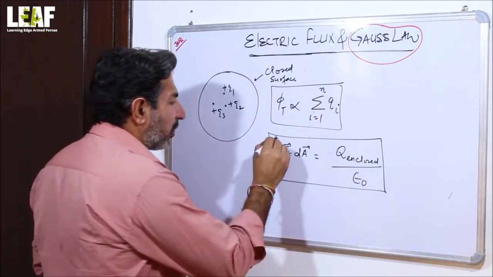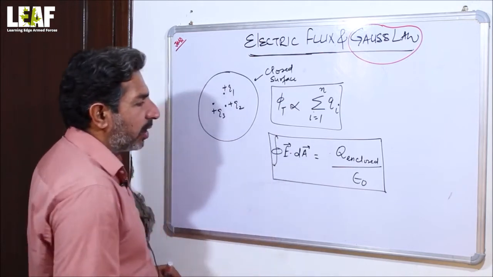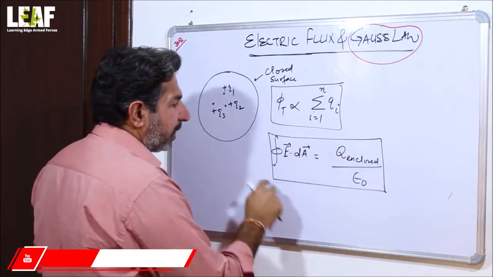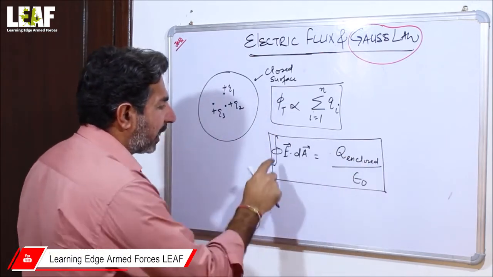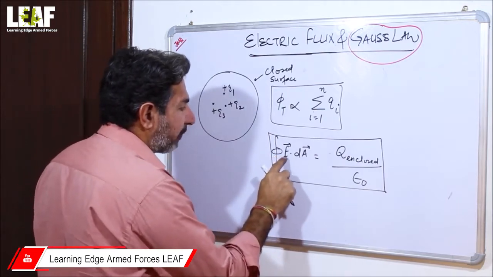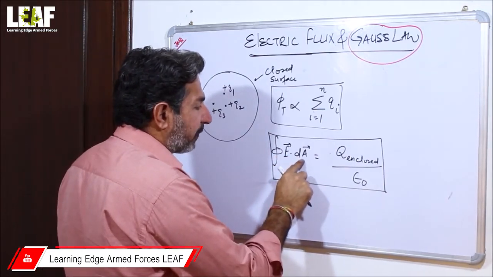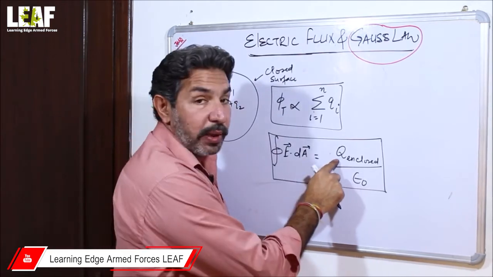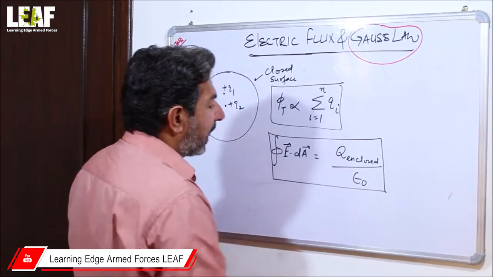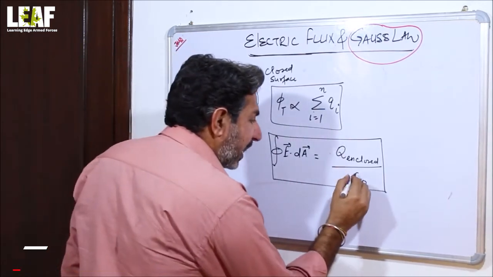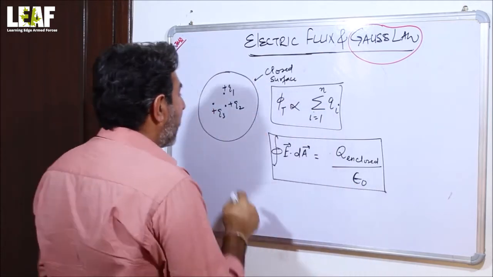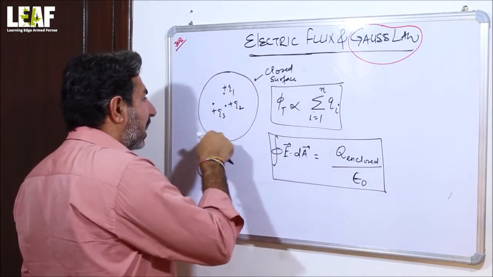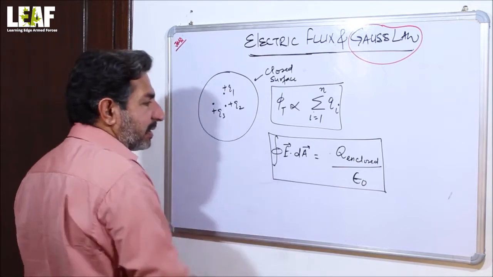Right. So this is how we express Gauss's law quantitatively: the closed surface integral of E dot dA is equal to Q enclosed divided by epsilon naught. Since I have divided by epsilon naught, I am considering that these charges are present in air as a medium.